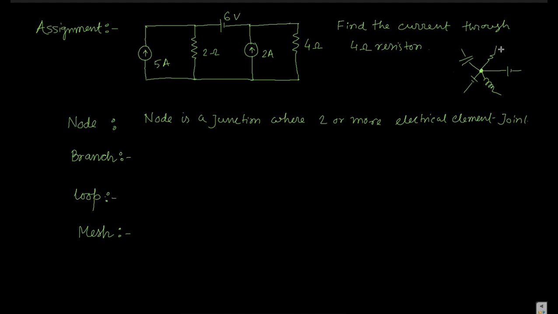So this is a node. So this is a branch. One element is a branch. This is a branch. This is another branch. Okay.